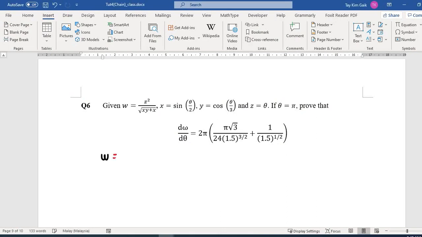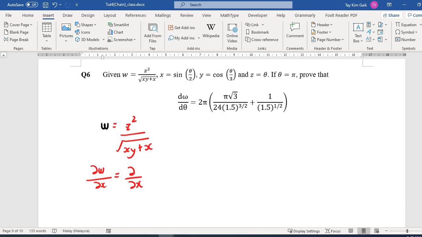W is z squared over root of xy plus x. So you can find del w, del x.